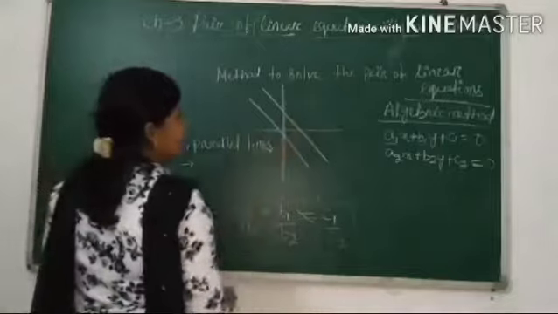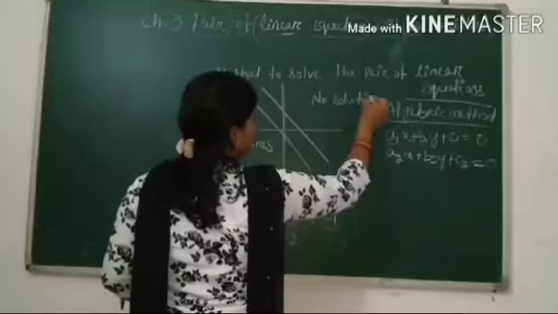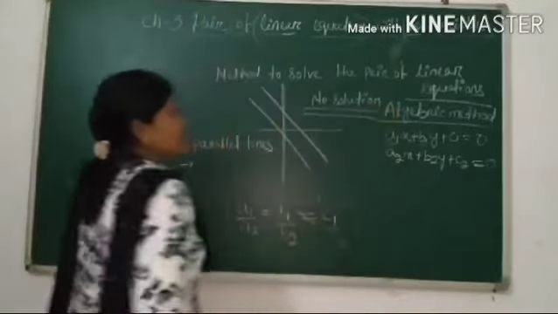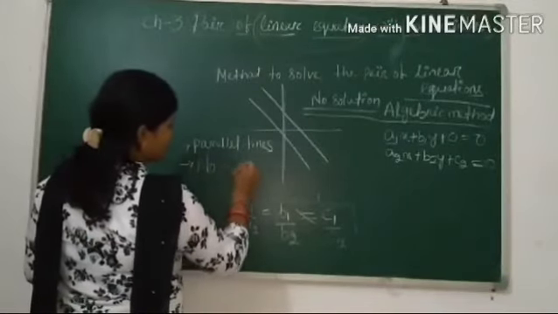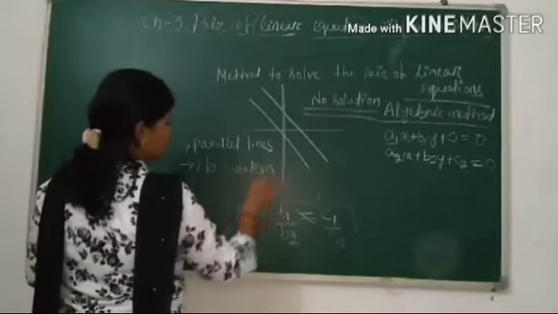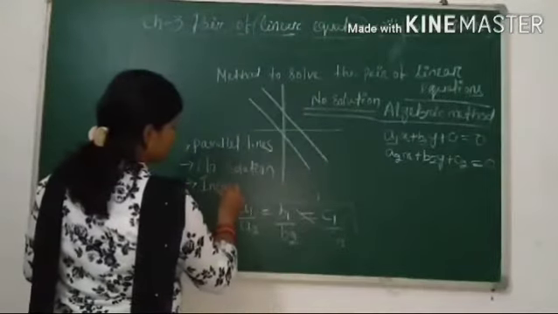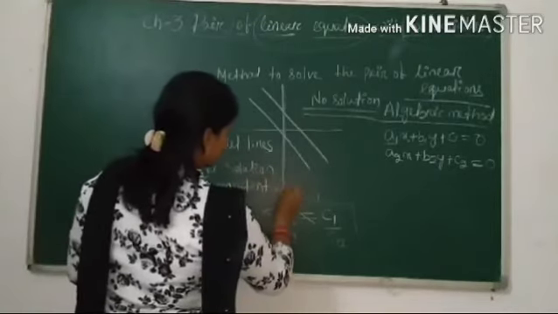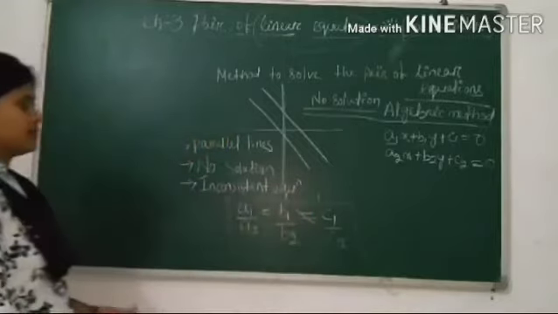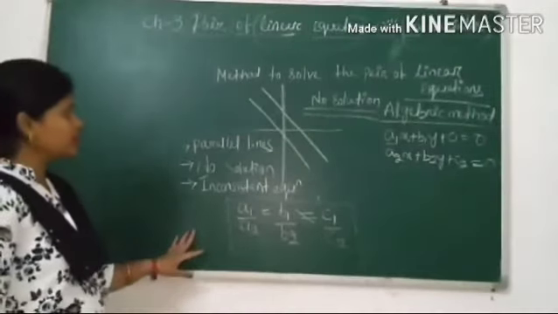And parallel lines mean what? No solution is possible. So here I can write no solution. No solution means this is an inconsistent equation. So write down inconsistent equation. Got it? Hope you understood.